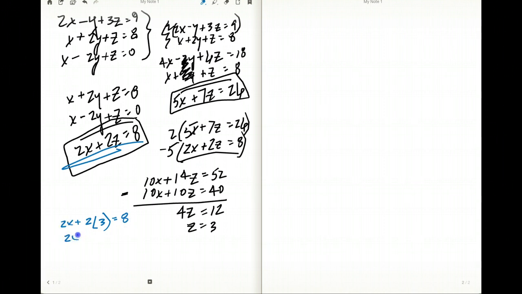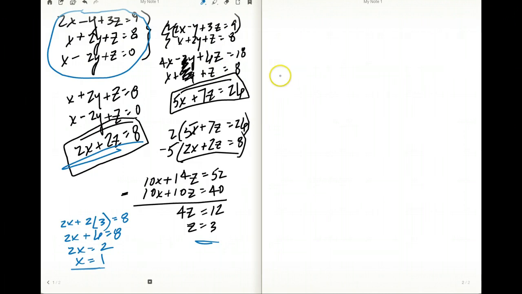So that gives me 2x plus 6 equals 8. Subtract 6 from both sides, and x equals 1. Okay, so now I have a z value, and I have an x value. Now I can go up here again and grab any one of these equations, plug 1 in for x and 3 in for z, and solve for y.